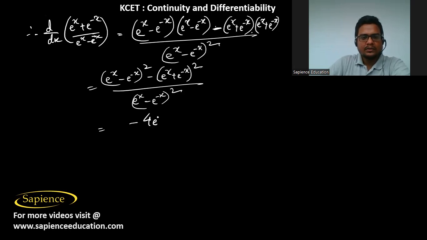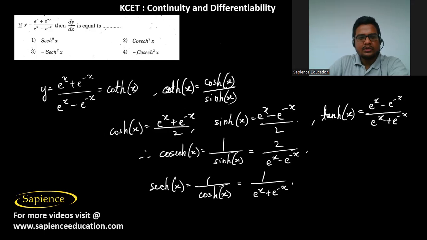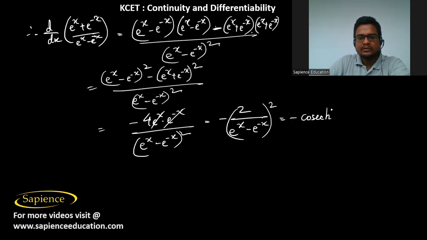So minus 4 e power x into e power minus x divided by e power x minus e power minus x whole square. Since e power x into e power minus x is equal to 1, this I can write as minus of 4 by e power x minus e power minus x whole square, which is nothing but minus cosec hyperbolic square x.